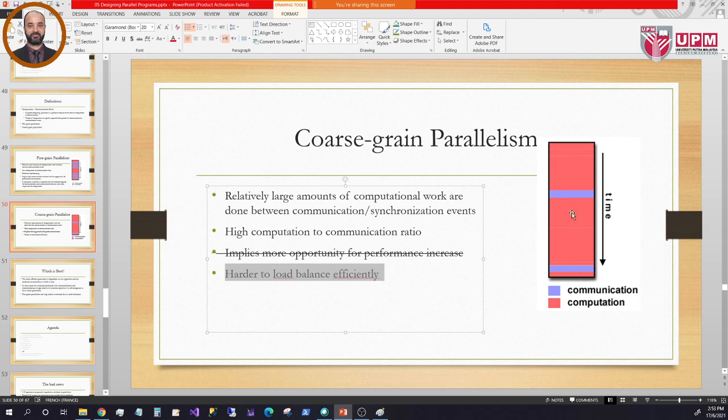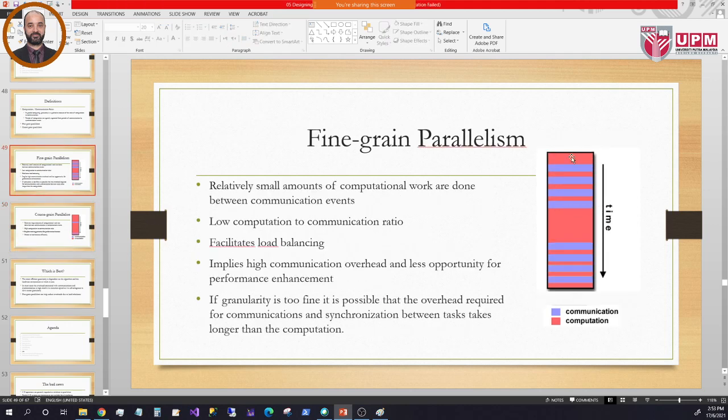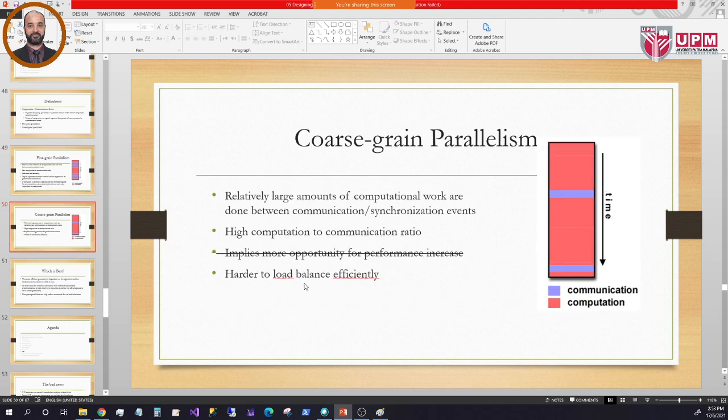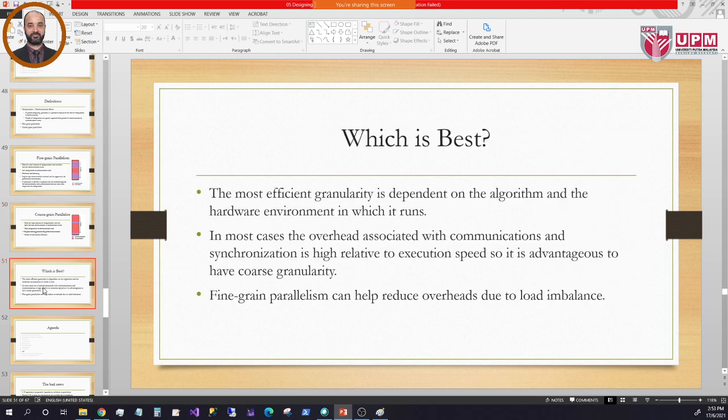So the load balancing is very hard, while here most of them are very close to each other, only this and that are a little bit different. They are still imbalanced, but the balancing here is better than here, okay? So the fine granularity makes the load balancing easier, and the coarse granularity makes the load balancing harder.